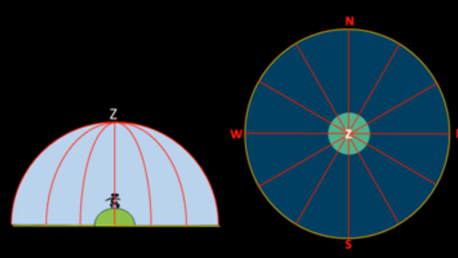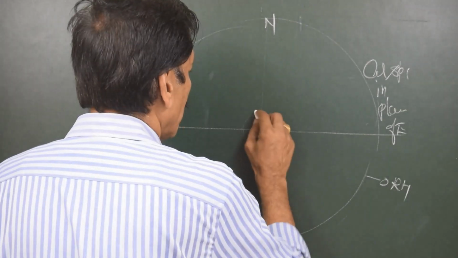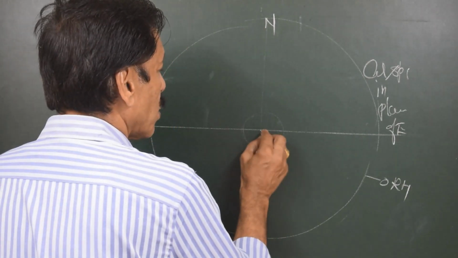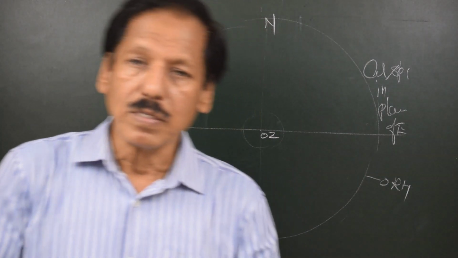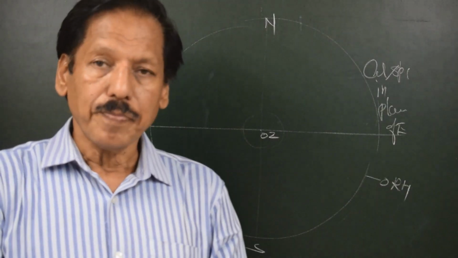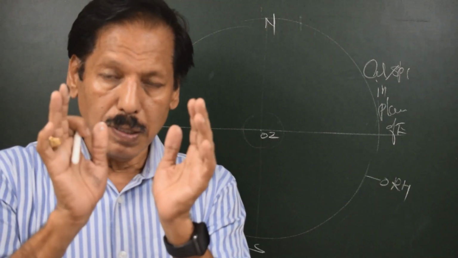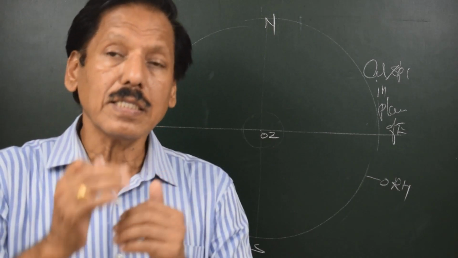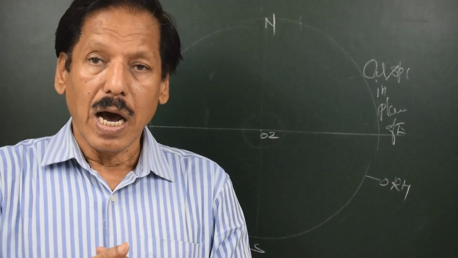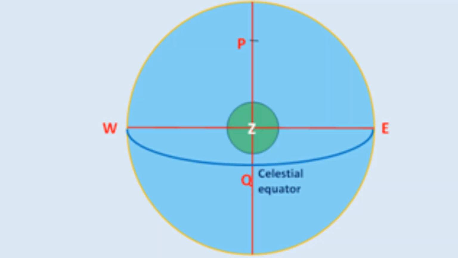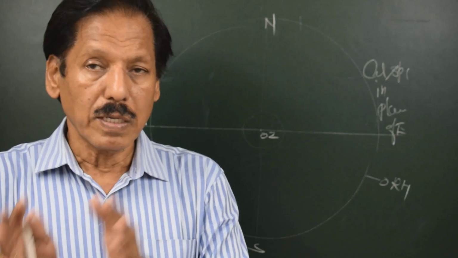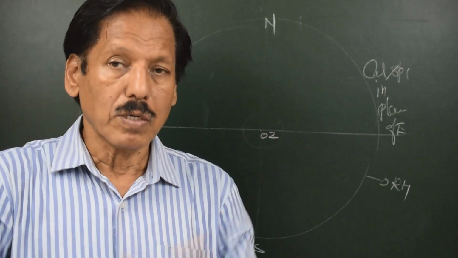And directly below the observer's zenith, you are able to see the observer. This is the observer's zenith. And I told you in my previous discussion that if I want to see the observer in the center of the picture and he is at 30 degrees north latitude, I need to take the equator down by 30 degrees. If I want to see the observer at 30 degrees south in the center of the picture, I will have to take the equator to the north.